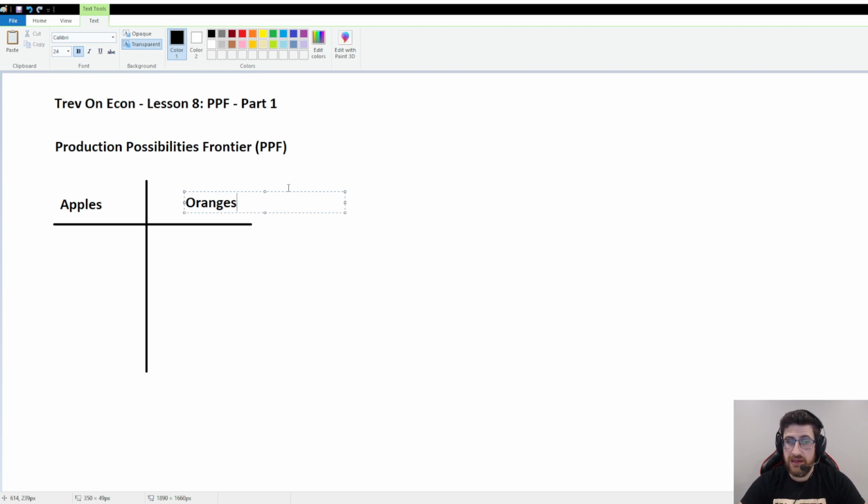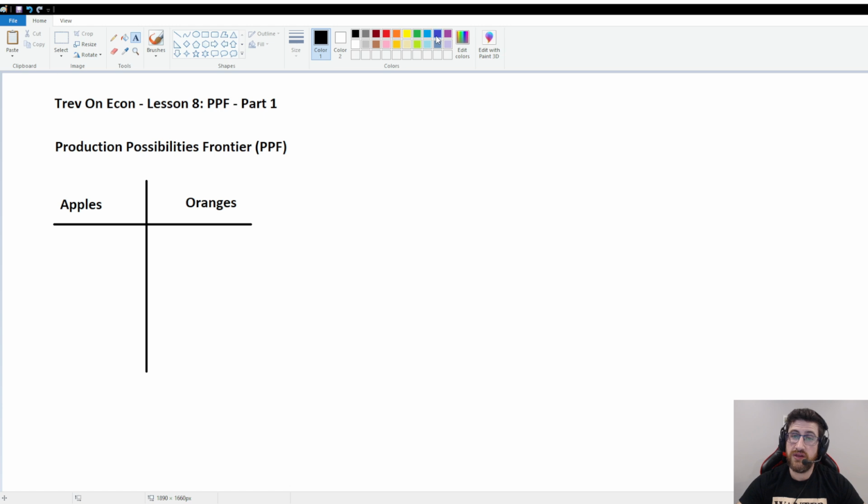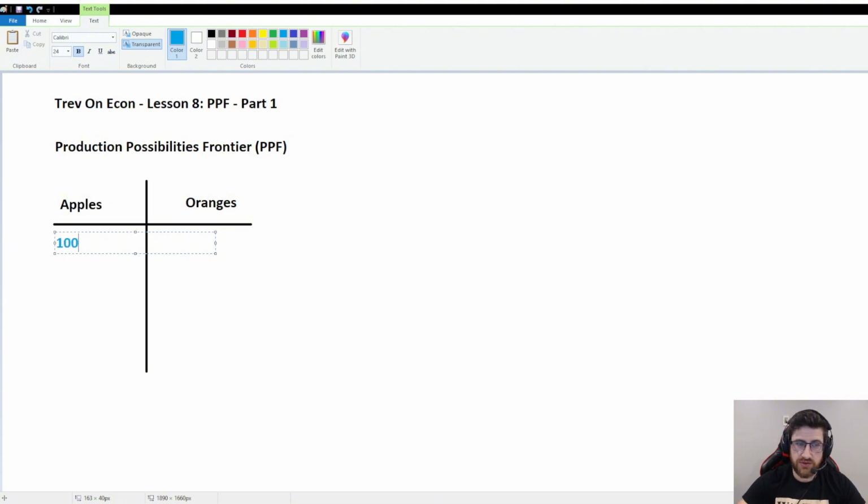All right. Now, we can make different combinations of these 2 things. One thing we could do is we could say, you know what, apples are the new hotness. We're going to make 100 apples. We're going to put everything we have into apples, and if I dedicate all my resources to apples, I can make 100 of them. Ignore the numbers.